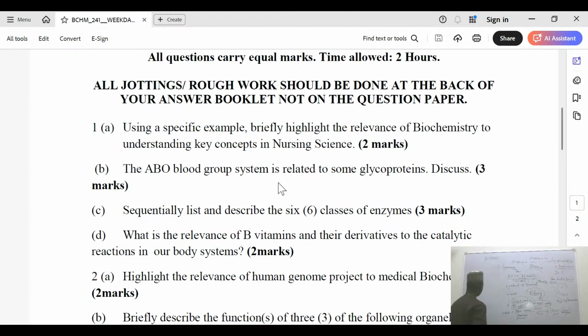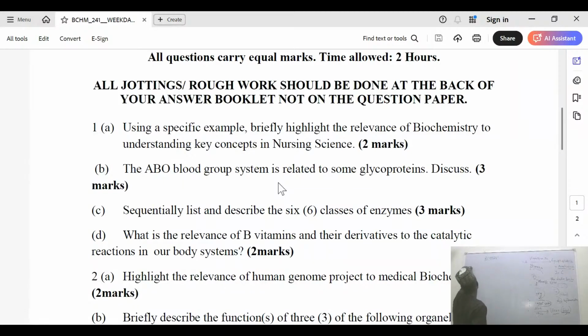So I want you to tell me this, ladies and gentlemen, what is the name of the sugar that is found in an individual with blood group A?